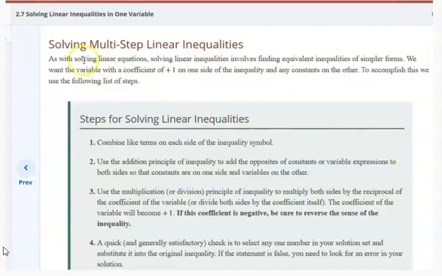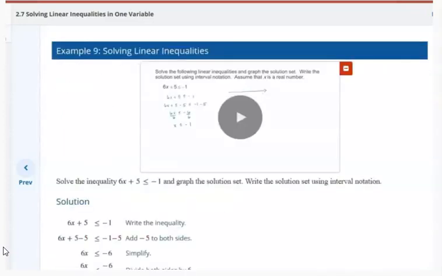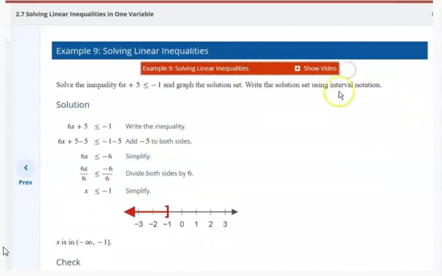We're now going to deal with some multi-step linear inequalities, and the protocol is here, but we'll go over it as we see them. All right, let's pause and take a look at this. We'll solve these in a similar way to how we did equations, and only have to reverse the inequality sign if we're going to divide or multiply by a negative.